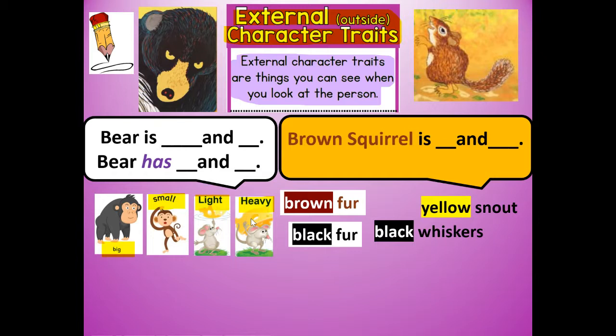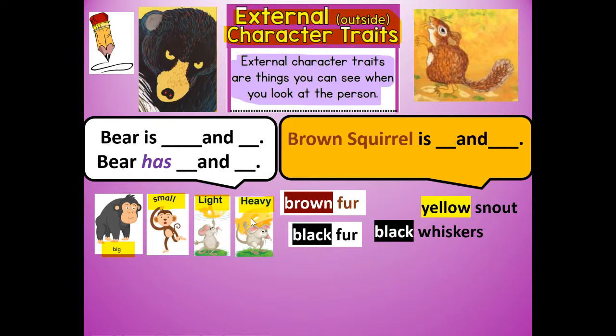What would describe bear on the outside? Well, you can write bear has black fur and a yellow snout. So you need to write bear has black fur and a yellow snout.